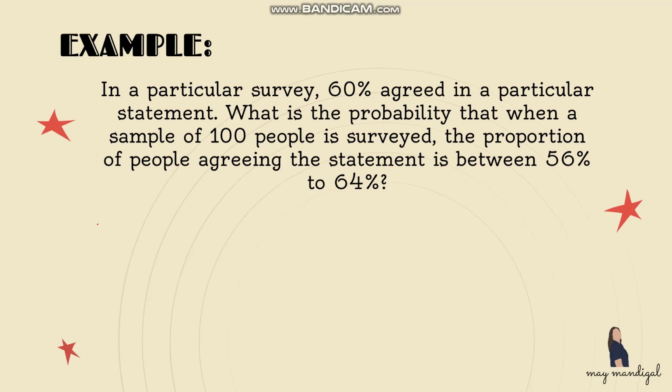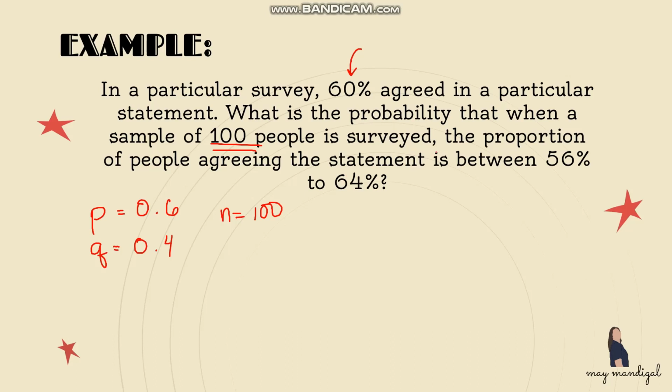So the value of P is 0.6, since we have 60% of our respondents who agreed. And for the Q, since this is 0.6, the remaining will be 0.4. And then our sample size will be 100.